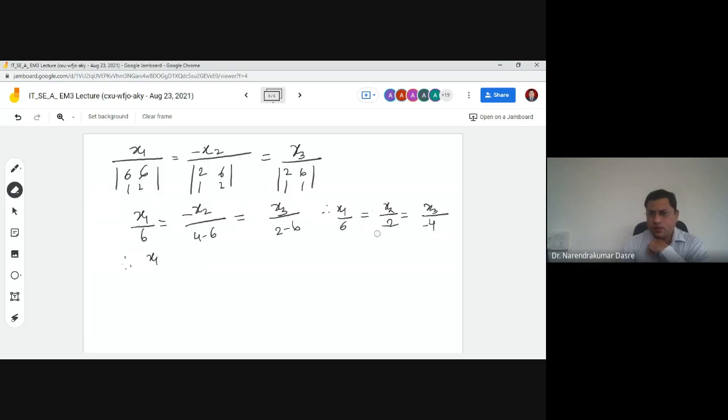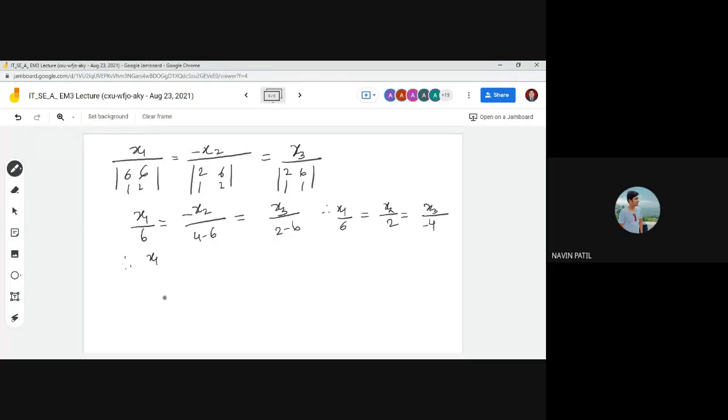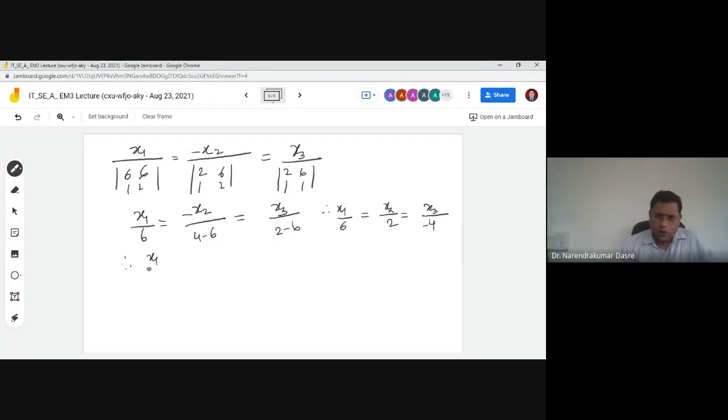Yes. Okay, that's good. So what is the common factor that you can cancel in this? 2. So we will have x1 by 3, x2 by 1, and x3 by minus 2.